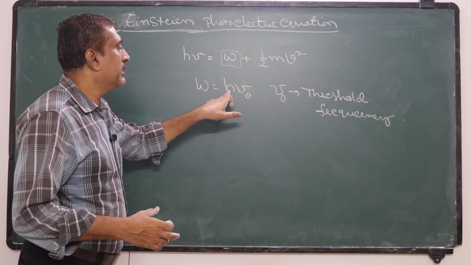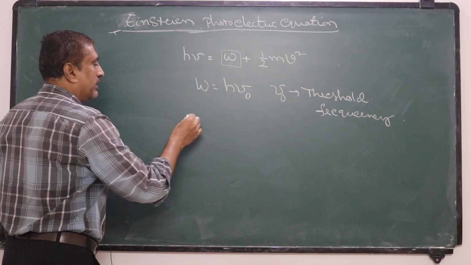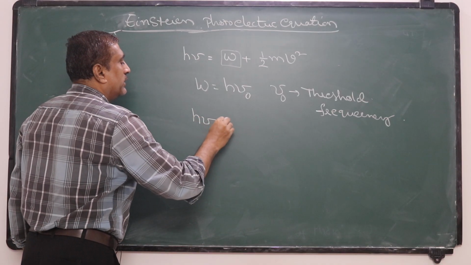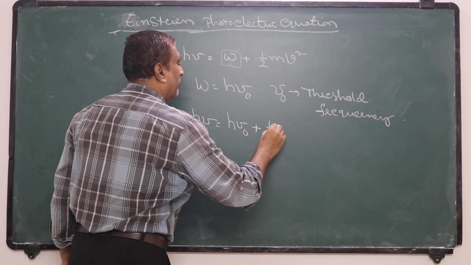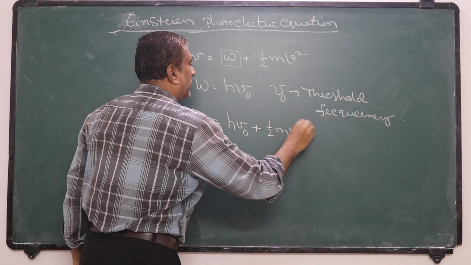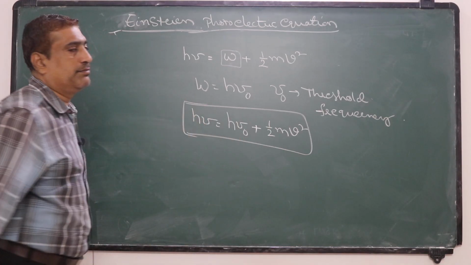So we can write h nu naught is equal to work function. So now I can write this equation as h nu is equal to h nu naught plus half mv square, and this is Einstein photoelectric equation.